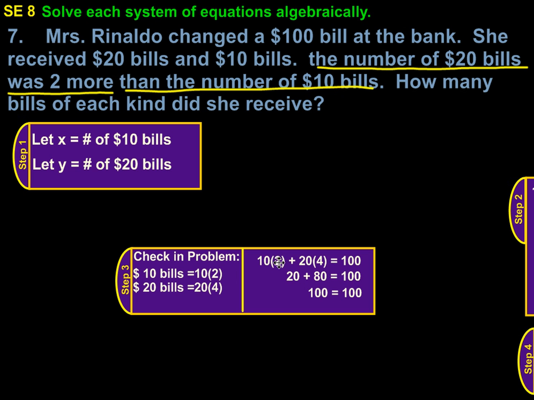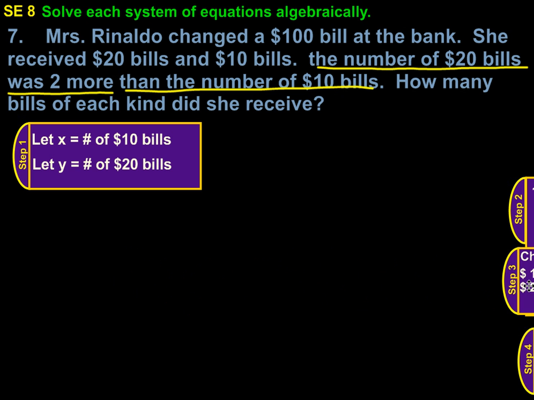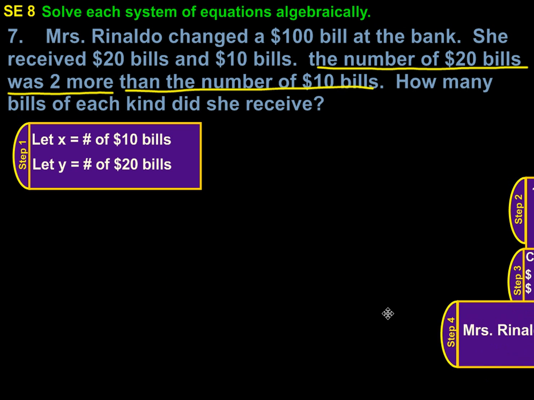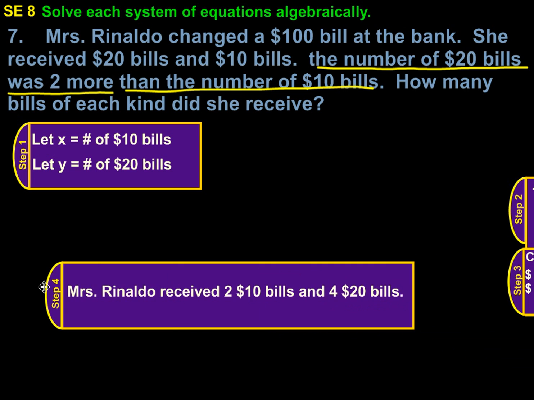So if I took 10 times 2 plus 20 times 4 equals 100, my 10 times 2 gives me 20, my 20 times 4 gives me 80, and I have 20 plus 80 equals 100, which means 100 equals 100. So my check works. So now I just need to put it into a sentence. Mrs. Ronaldo received 2 $10 bills and 4 $20 bills.